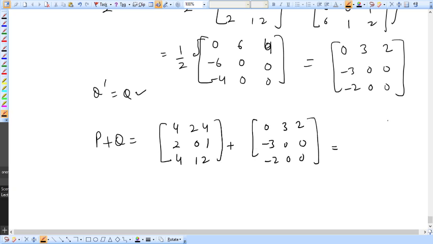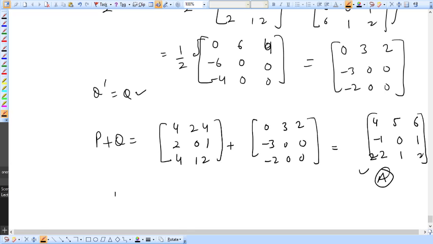Adding these two, 4 plus 0 is 4, 3 plus 2 is 5, 4 plus 2 is 6, 2 minus 3 is minus 1, 0 plus 0 is 0, 1 plus 0 is 1, 4 minus 2 is 2, 1, 2, which is equal to A. This is nothing but A.